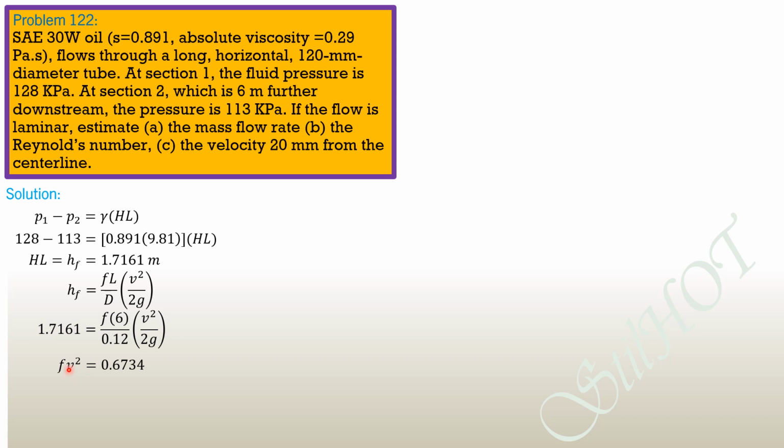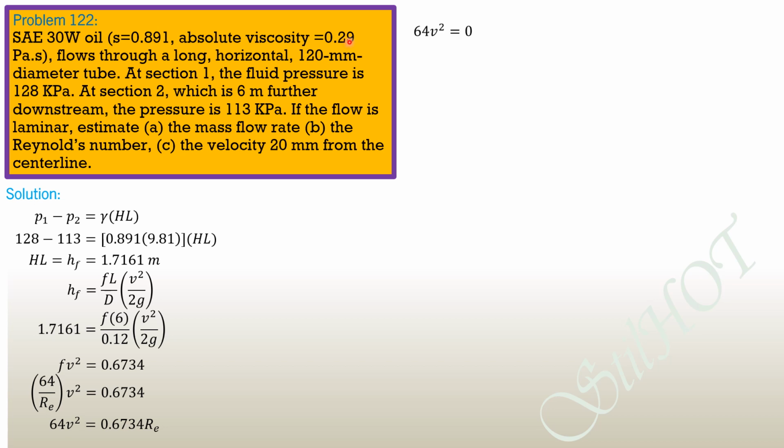Then friction factor 64 over Reynolds number, times velocity square, equals 0.6734. So 64 V square equals 0.6734 times Reynolds number. Reynolds number is diameter times mean velocity times density divided by absolute viscosity.